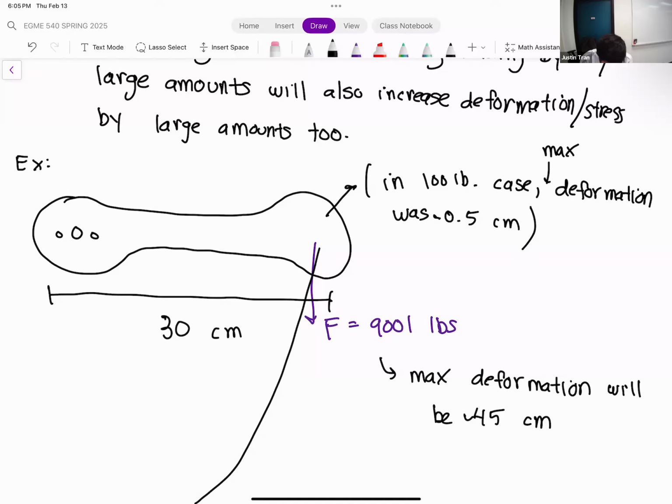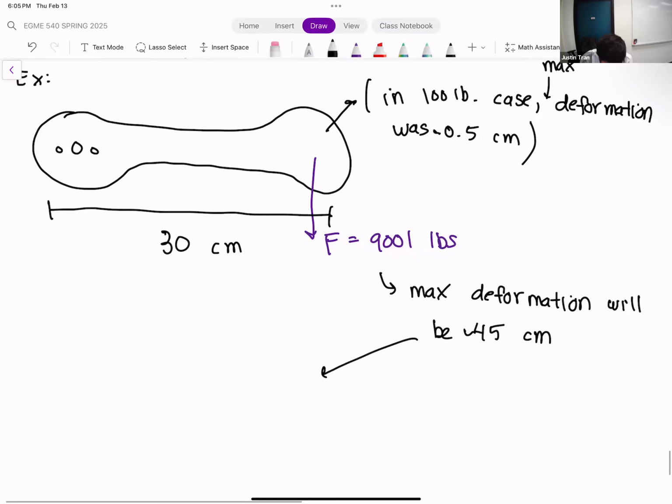You can't imagine you take a bike crank or a rod of metal and then deform it in such an extreme way, and then for it to be okay after that. It's probably going to fail sometime. So this high value of deformation that we're getting is probably not realistic given the dimensions of the bike.